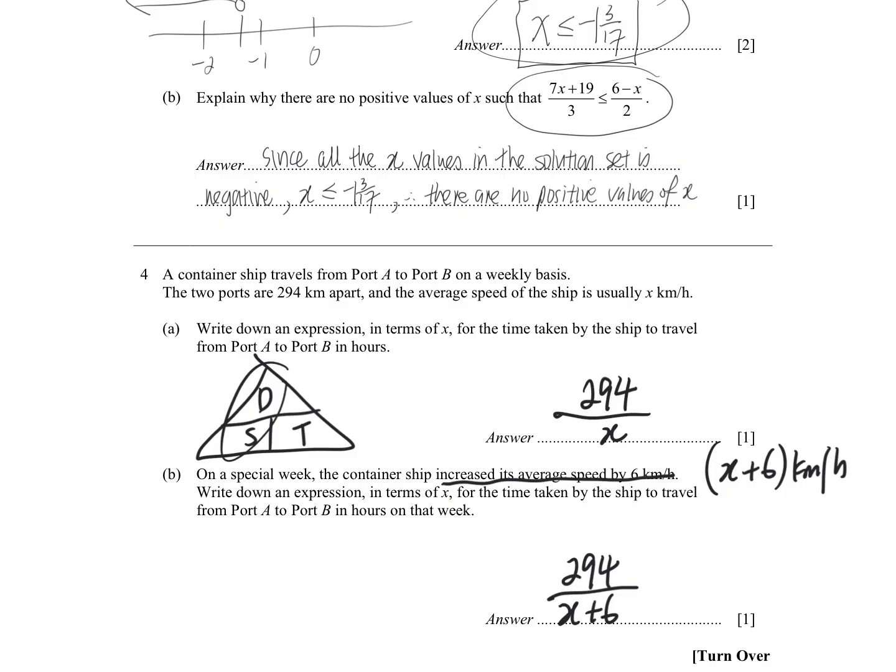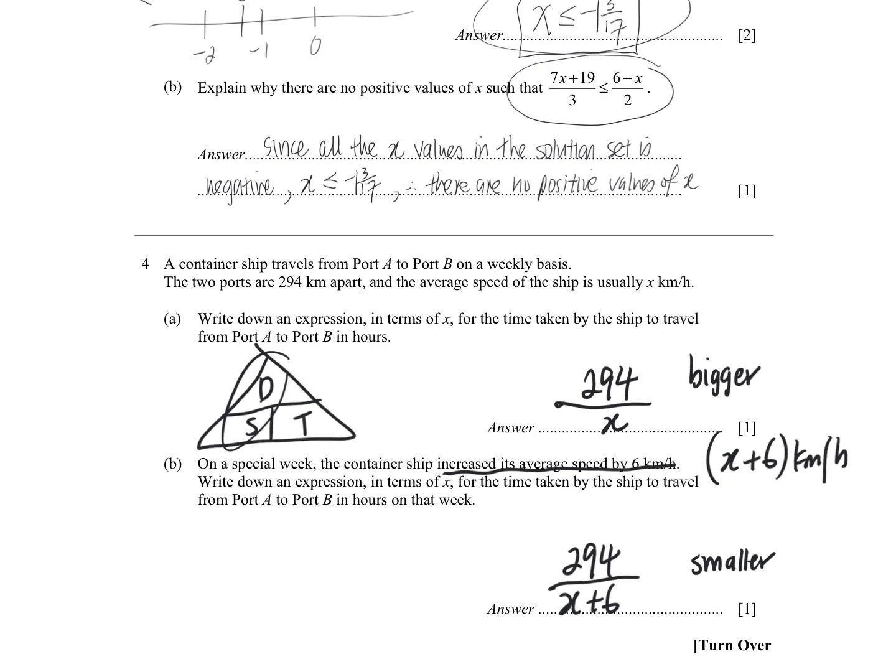So if you increase the speed, think about it. Will the time taken be shorter or longer? If you increase the speed, will it reach at a faster time or take a longer time? Faster, right? So actually this is smaller. This is the bigger value. So you all must think in terms of that.